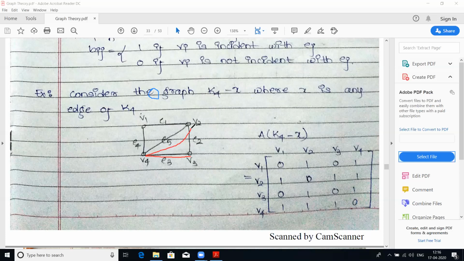This path is of length 2. Here is another path, but it is of length 1. Another path is from V3 to V4, V4 to V1, V1 to V2, but it is of length 3. Therefore, the number of paths of length 2 is only 1.